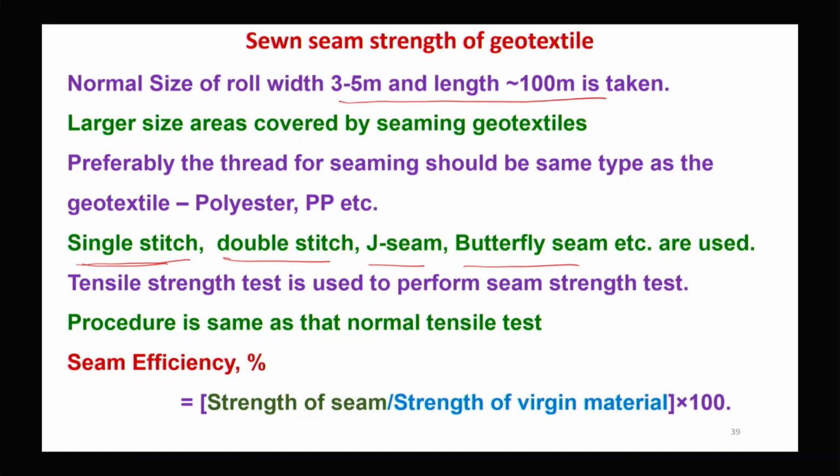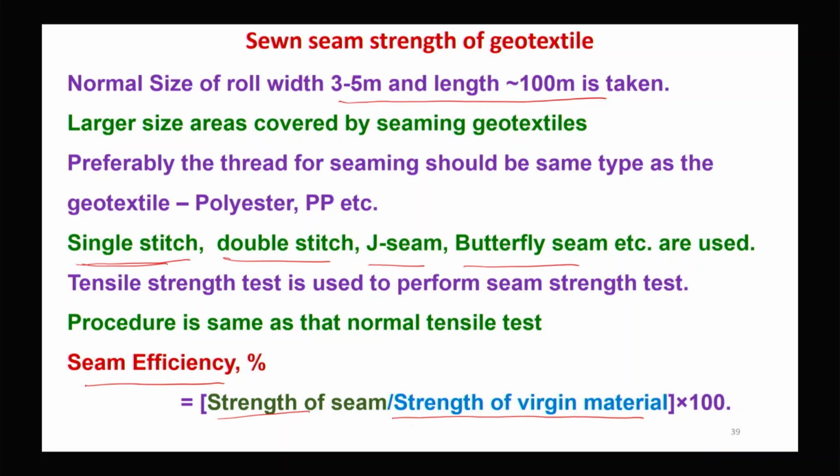The seam efficiency is calculated by the formula seam strength divided by strength of the virgin material.